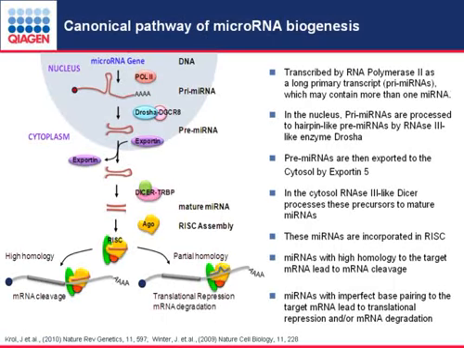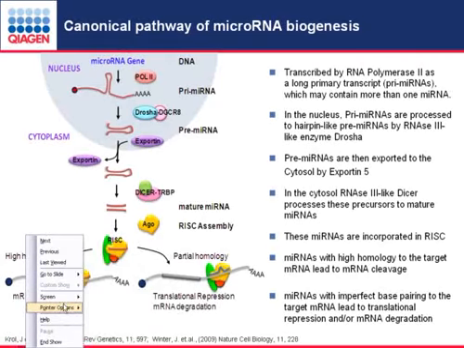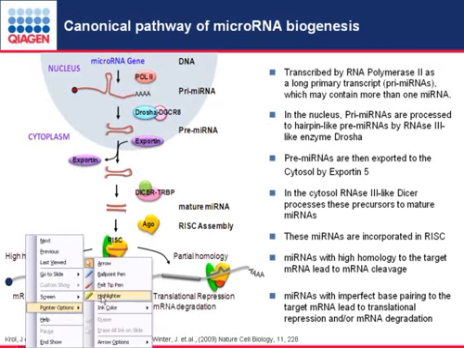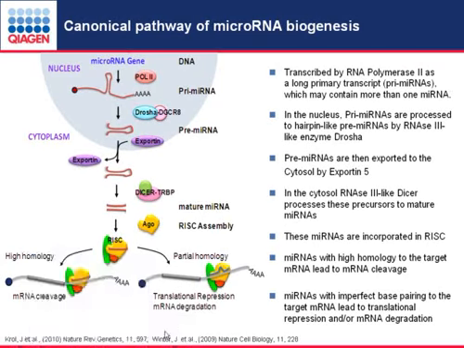So let's begin with the canonical pathway of microRNA biogenesis. Mature microRNAs are first transcribed by RNA polymerase II as a long primary transcript, or primary microRNAs, which may contain more than one microRNA.